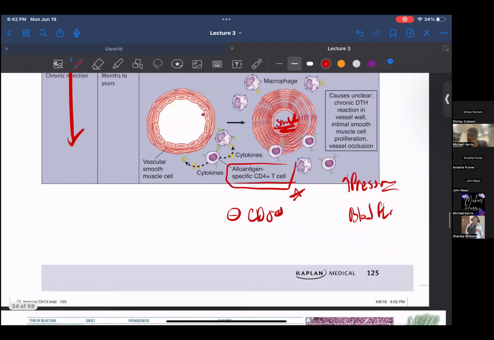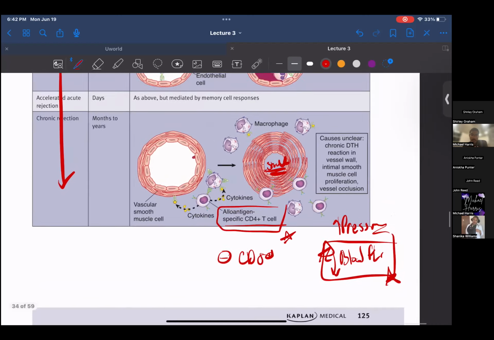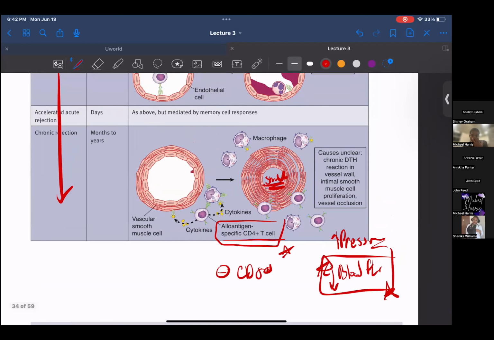Yes, this decreases. And this is why you end up having to replace that organ, because eventually it decreased blood flow. That decreased blood flow then causes fibrosis and ischemia of the organ, and it's no longer going to work properly. So that's essentially what ends up happening.